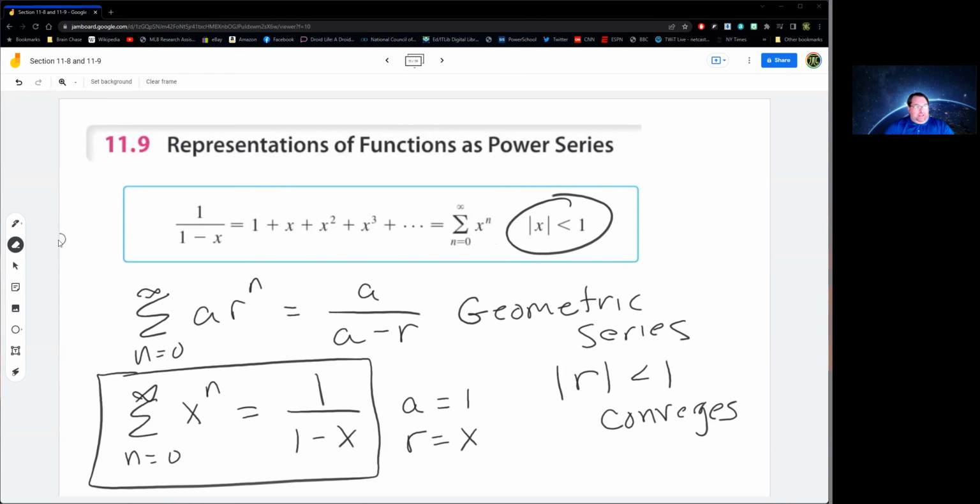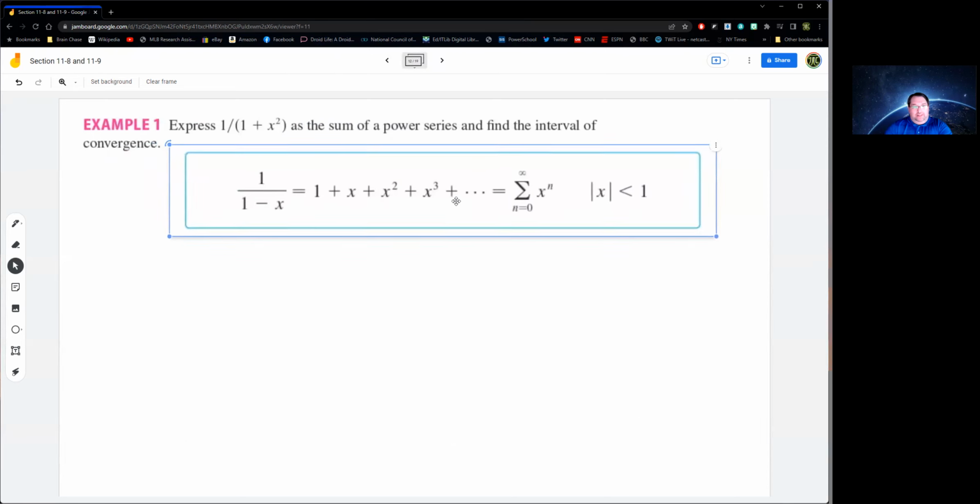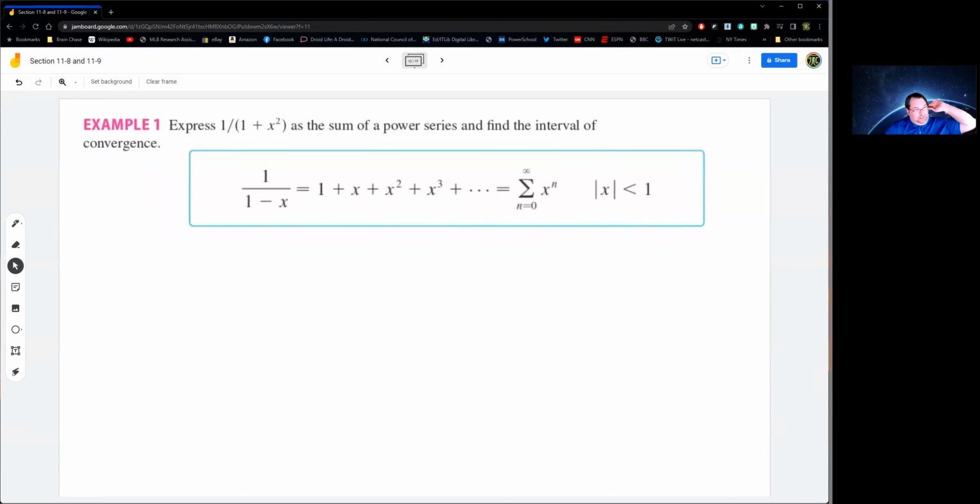So this piece right there is what we're going to use again. All right, so let's look at this series. I have 1 over 1 plus x squared.